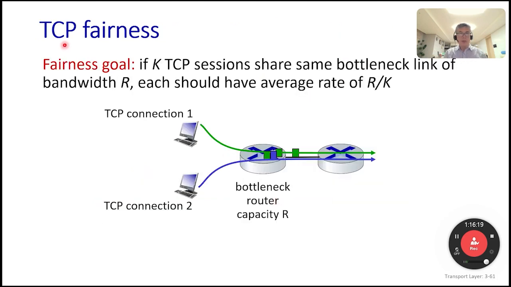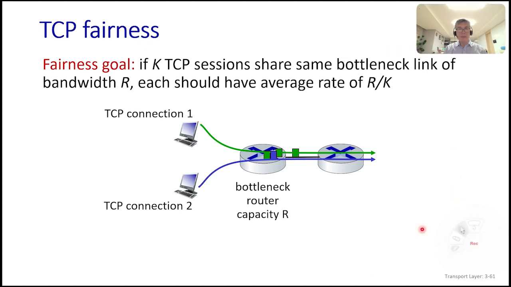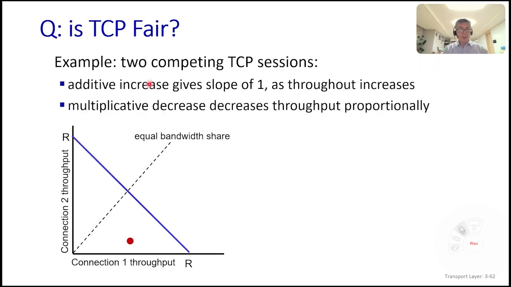So let's move on to TCP fairness. The fairness goal is that if K TCP connections share the same bottleneck link of bandwidth R, each should have an average rate of R over K. Here, with two connections, K is 2, so each gets half of R. So the question is, is TCP fair?